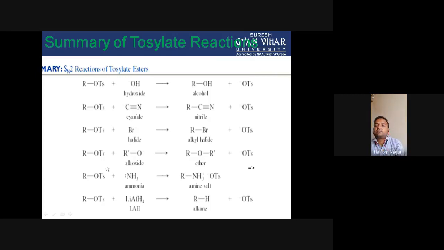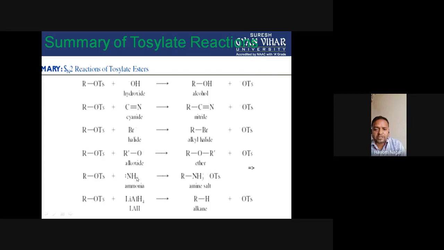If ROTs reacts with alkoxide, ether is formed, where OTs is substituted by the alkoxide.